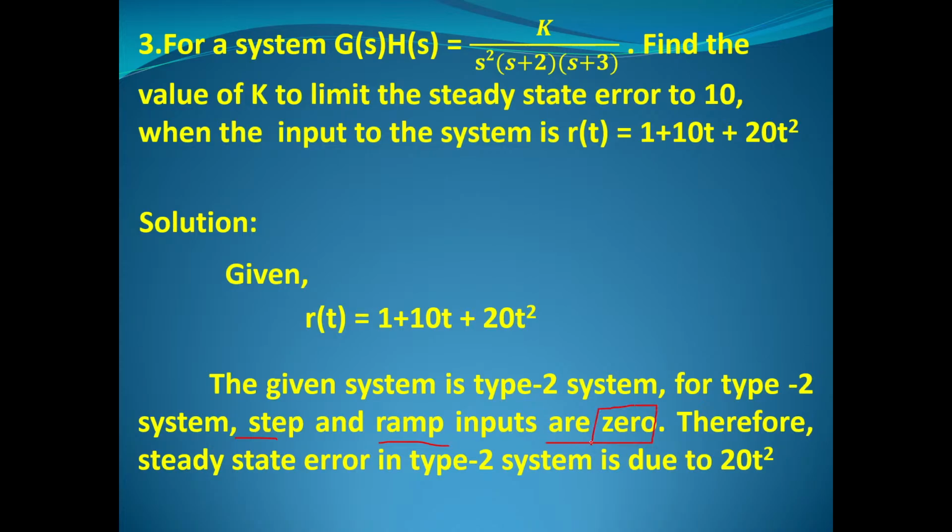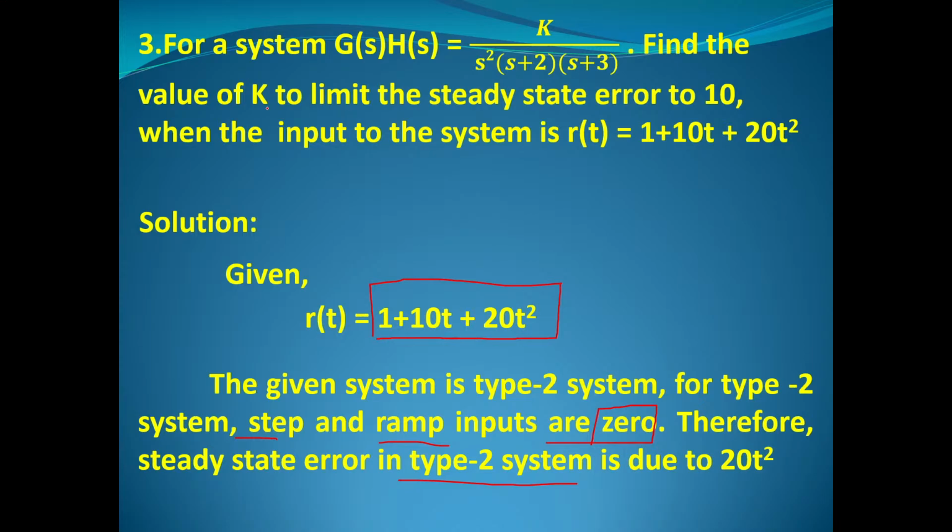This input has 3 parts: one is constant, one is some constant into t, another is some constant into t square. For a type 2 system, the input should be parabolic, then only the steady state error will be constant.